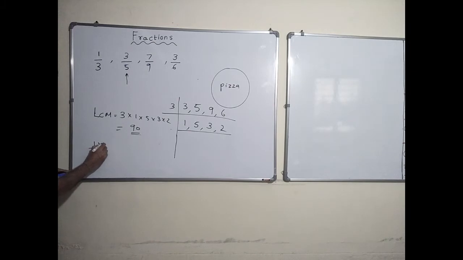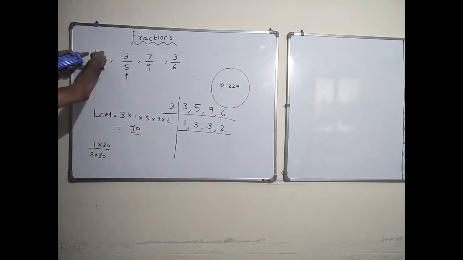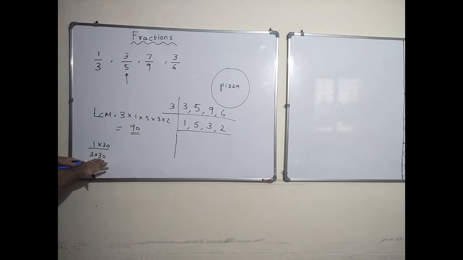But at the same time I also have to multiply the numerator by 30 to keep it equivalent. We multiply the denominator by 30, make it 90, but you also have to multiply the numerator by the same number, so that 1 by 3 and this one are equivalent fractions.